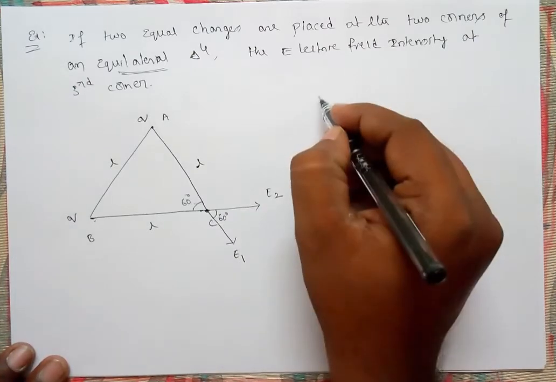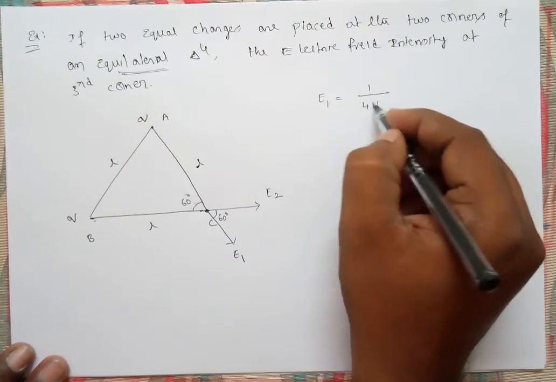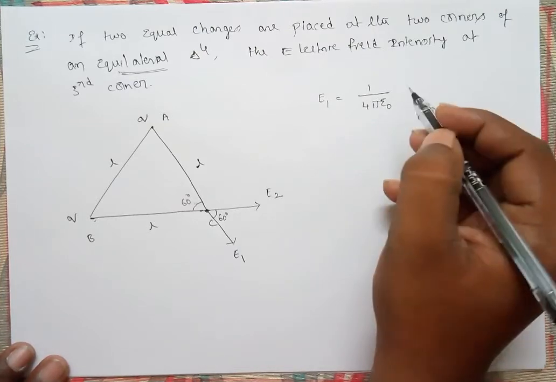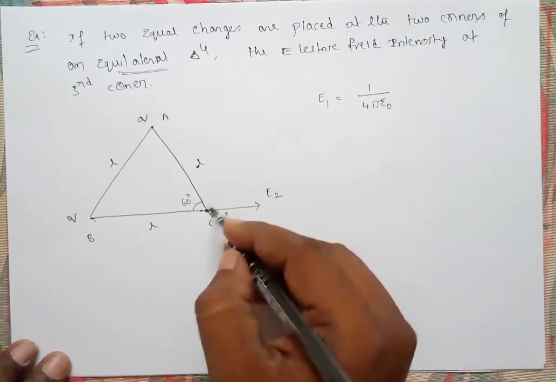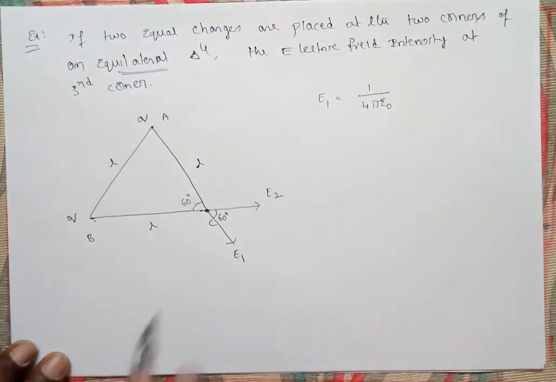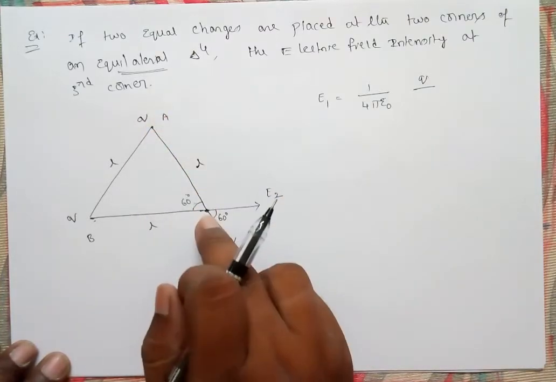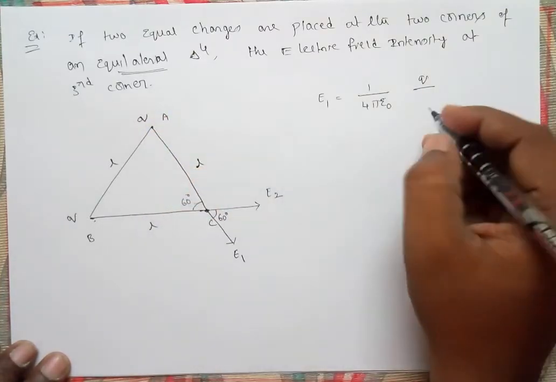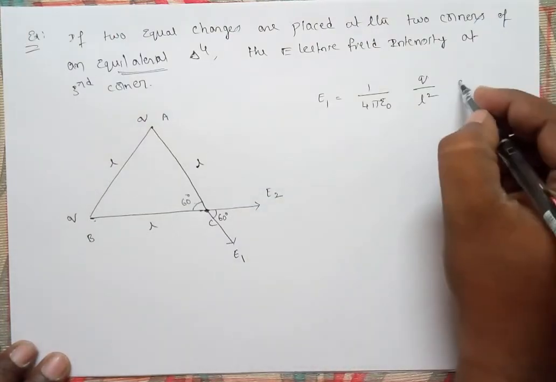Then E1 equals 1 upon 4 pi epsilon naught into Q by R square. Here the charge is Q and the distance is L, so L square, which is away from it along AC.